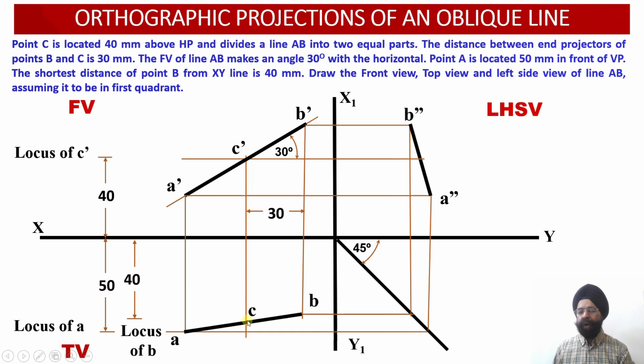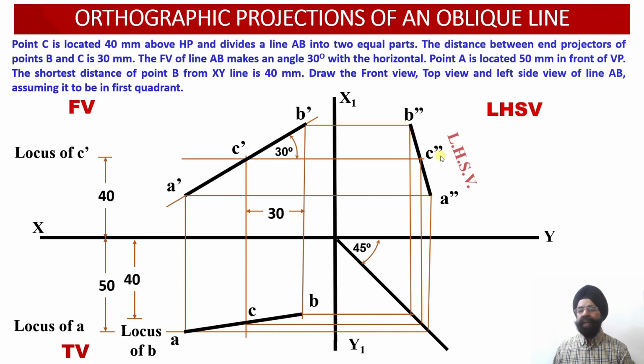Now from this point C, we are going to draw a horizontal projector line till it intersects with the transfer line at this point. And from this point over here, we are going to extend a vertical projector in the upward direction till it intersects with the horizontal projector which is emerging from the point C dash over here. So this provides us with the location of C double dash.